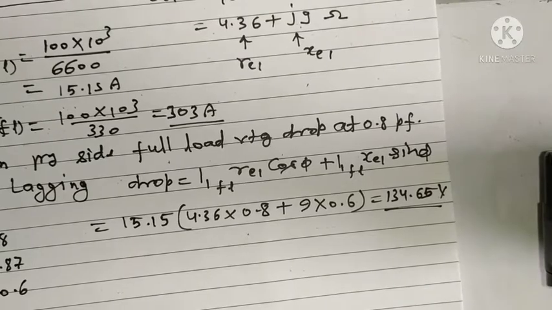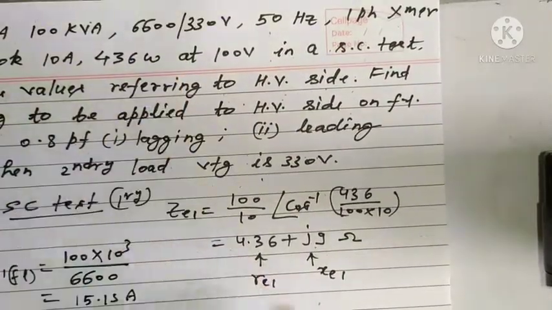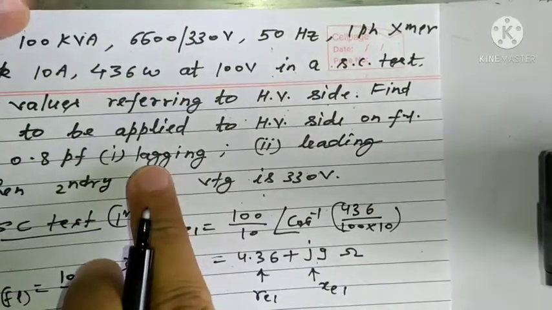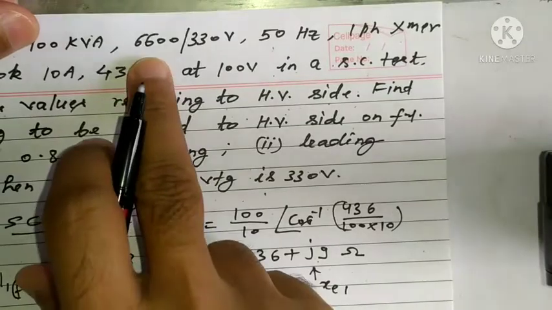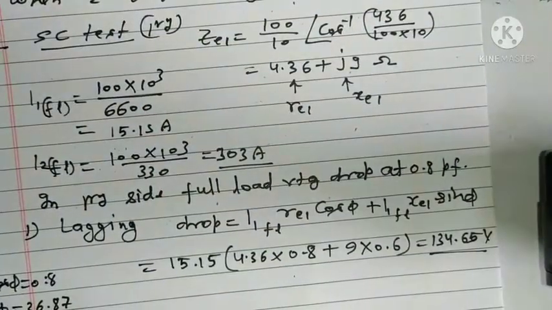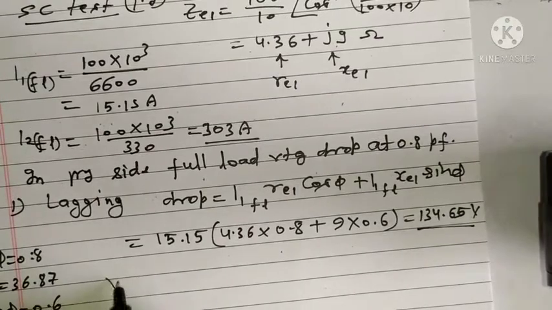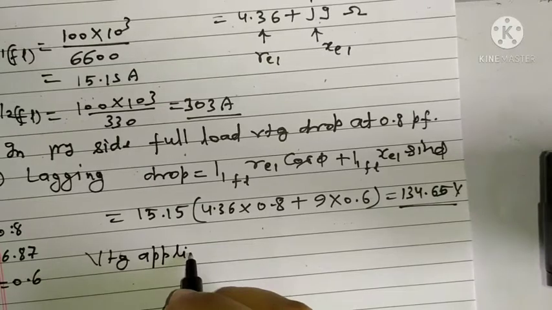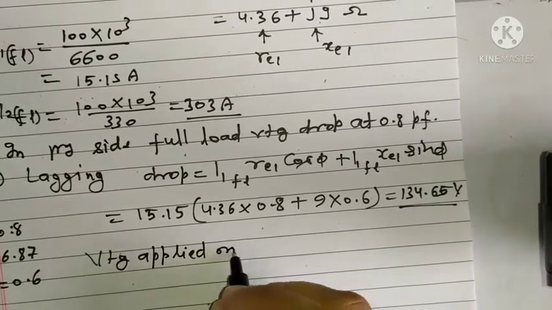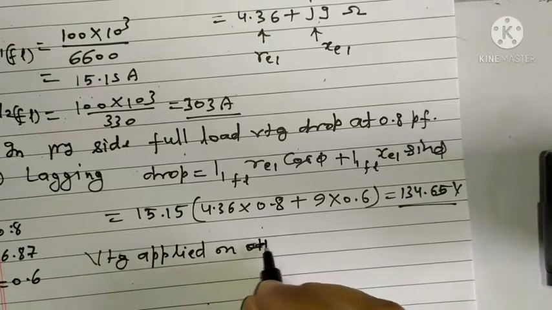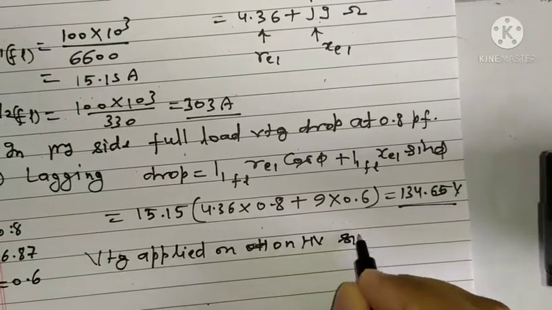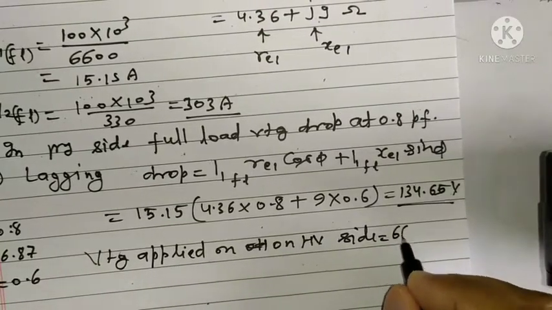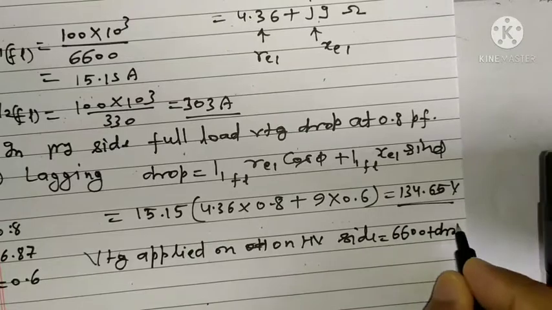So the available voltage is what? 6600 volt. So this 6600 volt on primary side is available after the drop. So what will be the supplied voltage? The supplied voltage will be greater than this. Therefore the voltage applied on HV side will be 6600 plus drop.